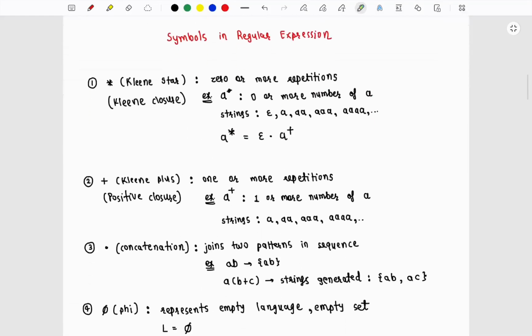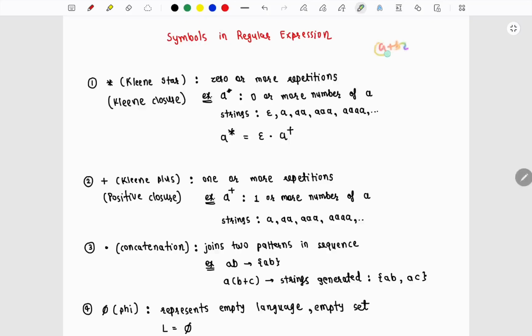Now let's see what the symbols in a regular expression are. Previously we have seen that we can write a regular expression like this for the given language. In that regular expression there are many symbols used, plus, star, like this. So here we will see what the symbols are.